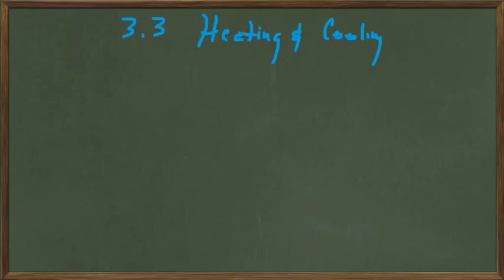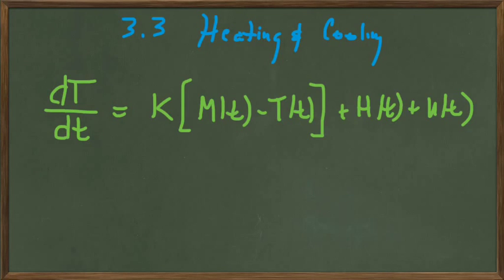So the model that we're working with looks like this. And so let's tag everything. Capital T of t is temperature, or let's call it inside temperature, or the temperature of the object. M of t will be our outside temperature.